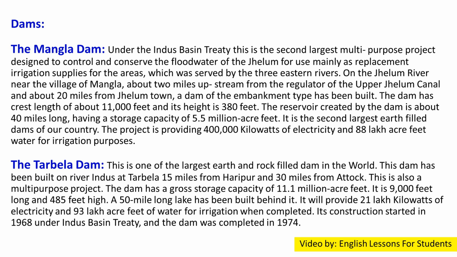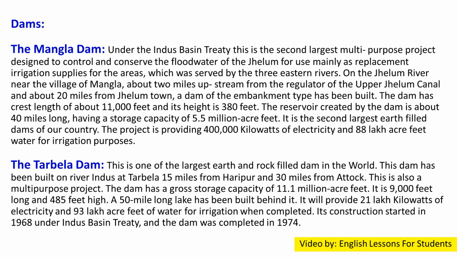Dams. The Mangla Dam. Under the Indus Basin Treaty, this is the second largest multi-purpose project designed to control and conserve the floodwater of the Jhelum for use mainly as replacement irrigation supplies for the areas which were served by the three eastern rivers.